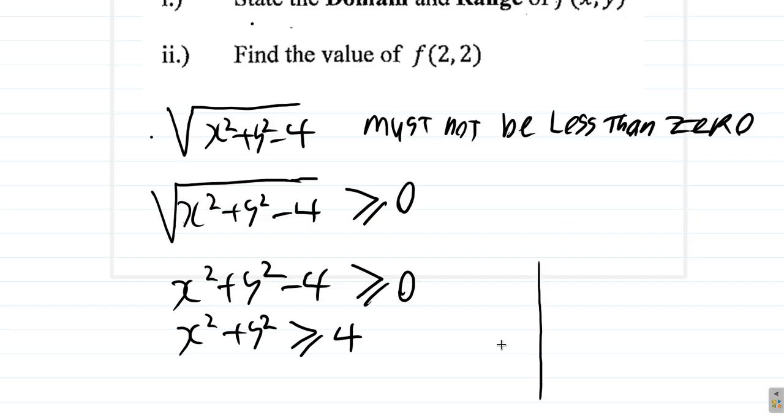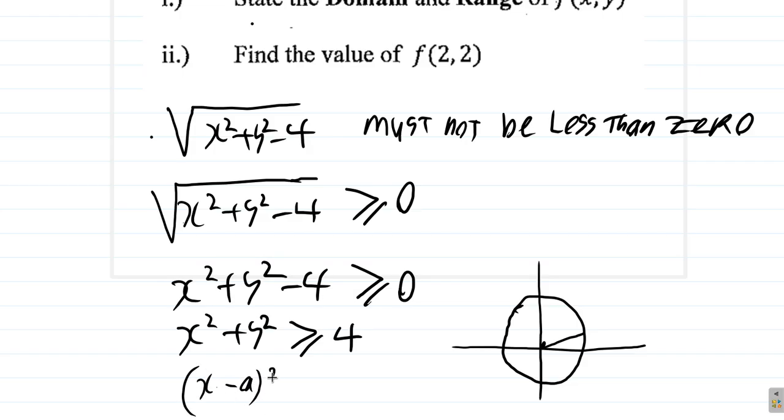Looking at, for example, the formula of a circle, you have a circle centered at the origin, and then the radius would be 2. Generally, it's x minus a squared plus y minus b squared equals r squared. A and b would be how much the circle shifts away from x and y.